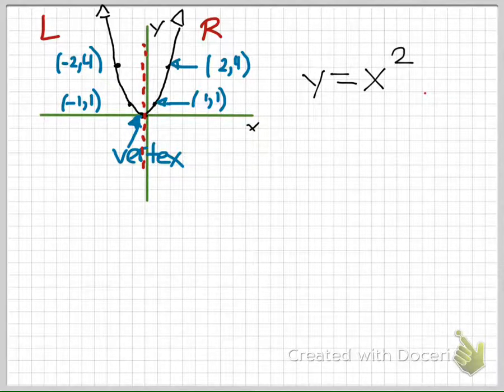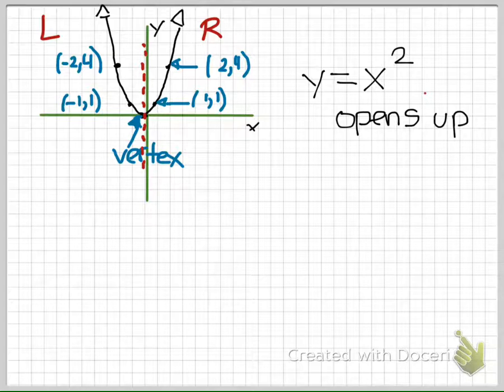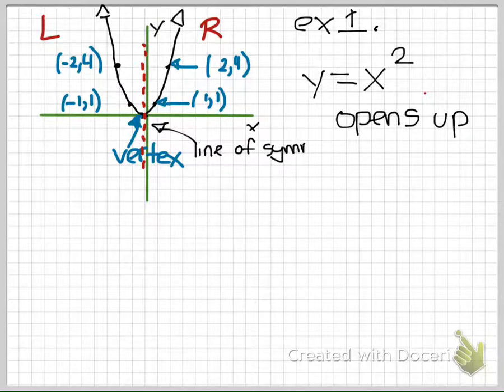Notice there's no b term and there's no c term involved, and this graph does open upward. So there's an example. This is example 1 of the vertex, the line of symmetry, and how this graph opens upward.